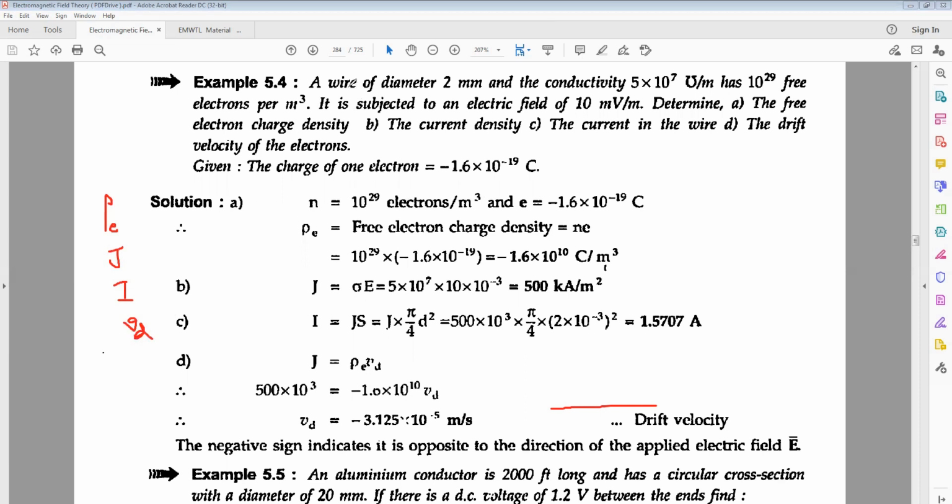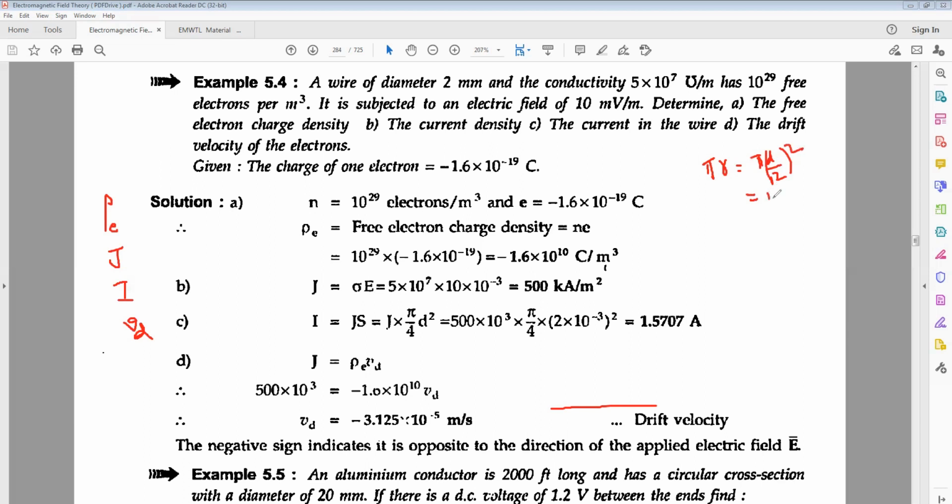Okay. So what is given here? The wire of diameter 2 mm. The diameter and the radius, here we know the area is pi r square, where r you can write in terms of diameter as d by 2 whole square.